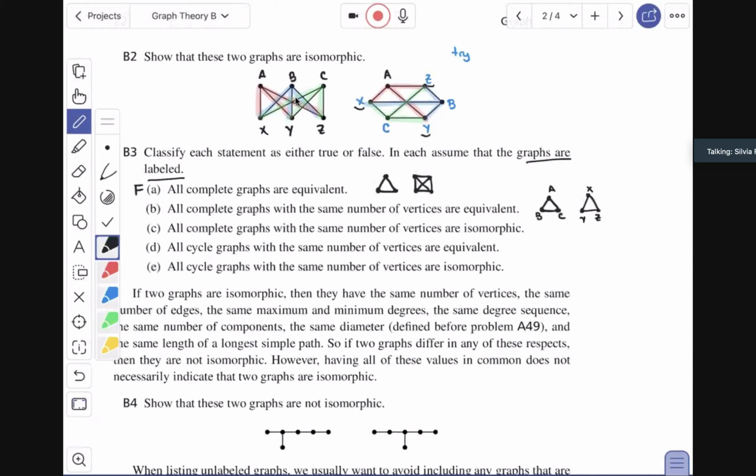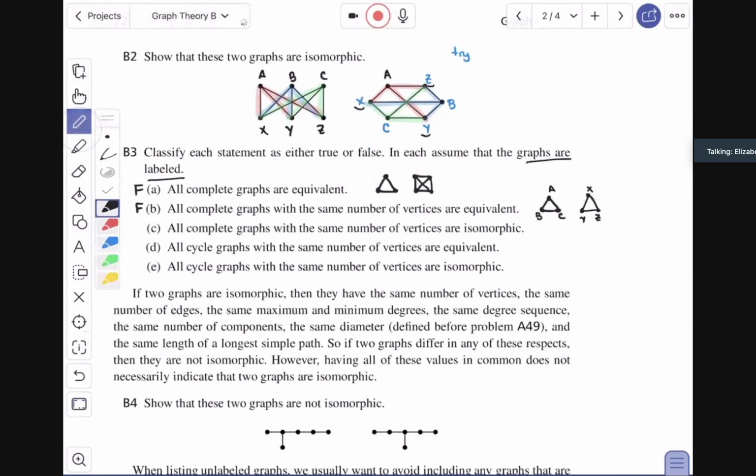Are these two equivalent? No, they have different vertices, right? So no. Are they isomorphic? No. Not really. This is true. So complete graphs with the same number of vertices. For example, if I take all the complete graphs with 3 vertices, are they isomorphic?